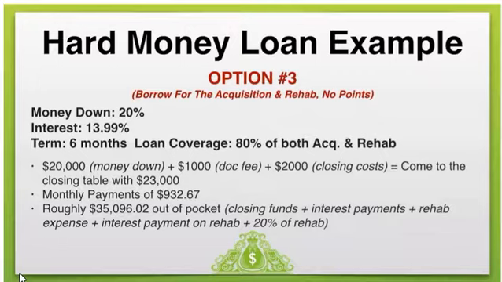So $20,000 is your money down, plus $1,000 doc fee, plus $2,000 closing costs, which means you're coming to the closing table with $23,000. Your monthly payment's going to be $932.67, roughly $35,096.02 out of pocket, which is your closing funds plus your interest payments plus rehab expense plus interest payment on rehab plus 20% of rehab.